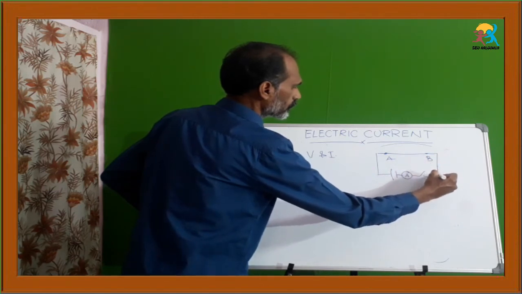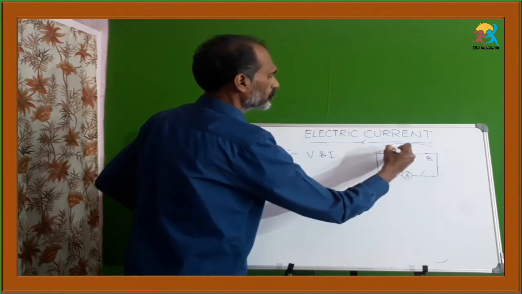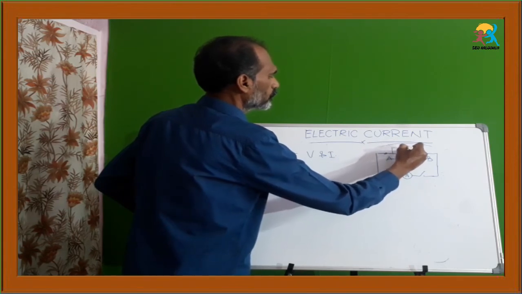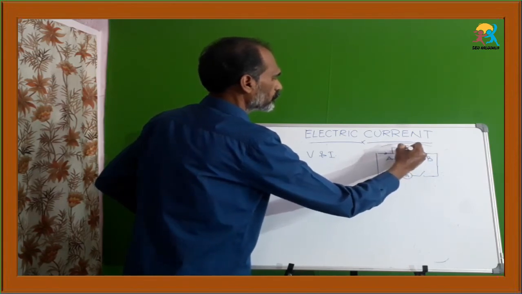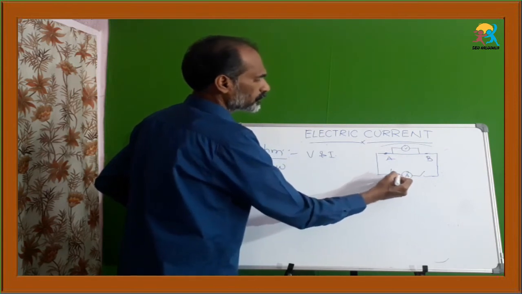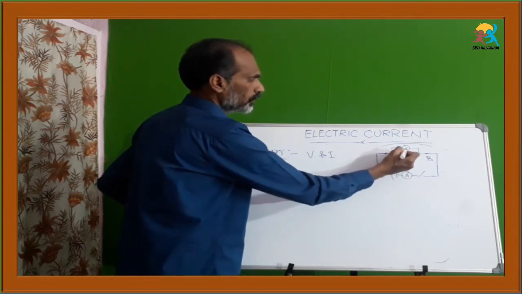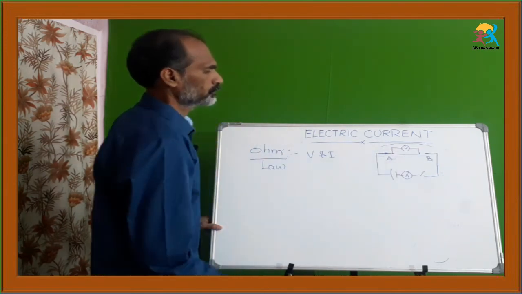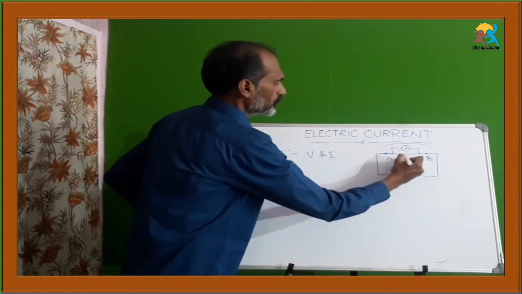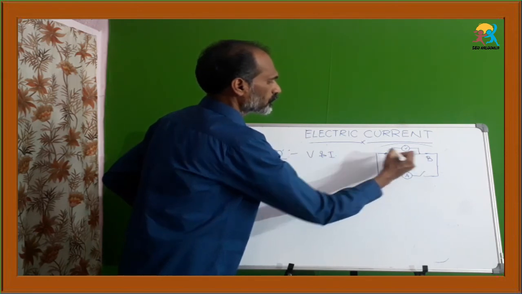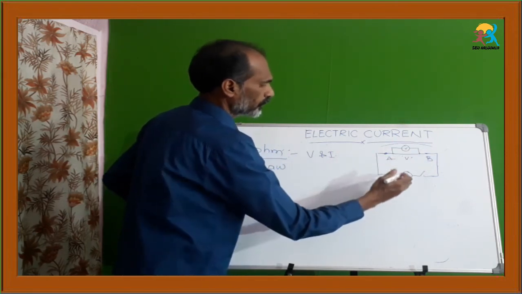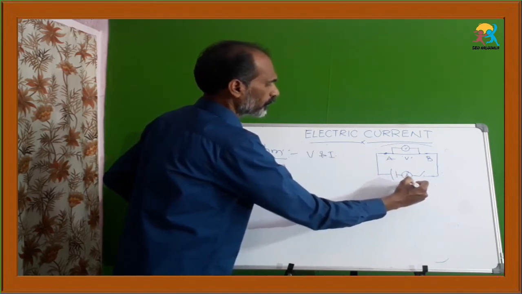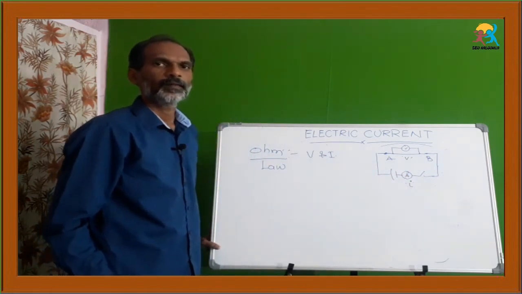The switch is connected to terminal B. At the two ends A and B, a voltmeter is connected. The ammeter is connected in series in the circuit, and the voltmeter is connected in parallel. By using the voltmeter, we find the potential difference between the two terminals A and B, and by using the ammeter, we find the electric current inside this circuit.